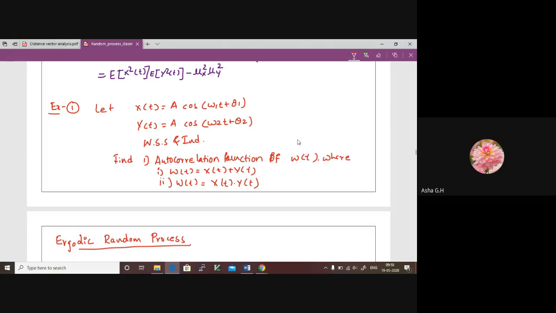So you can just find out the autocorrelation function for the sum and product of these two random processes.